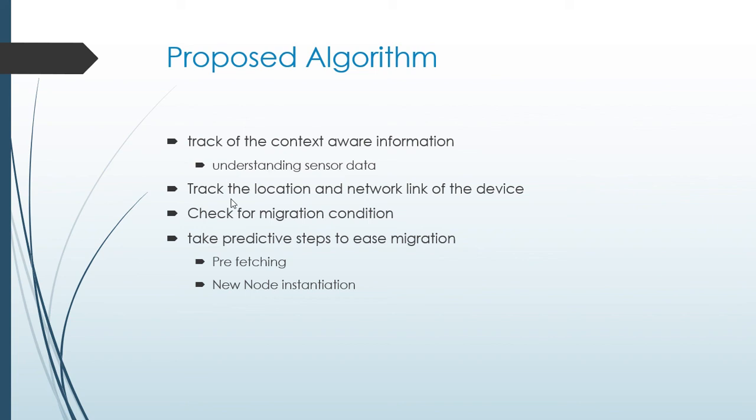If I do that predictive step, I can save a lot of time in setting up the new node with the new device. I give some information to the new node, that this was the data, and I've pre-fed some data for it to process. The new node instantiation can be done by the old node itself, so essentially we're saving a lot of time.